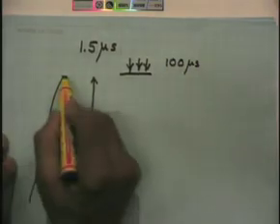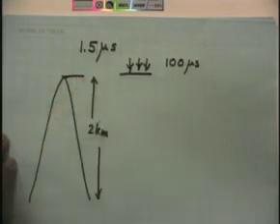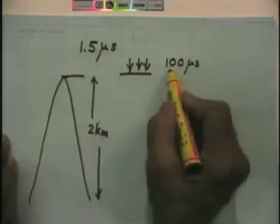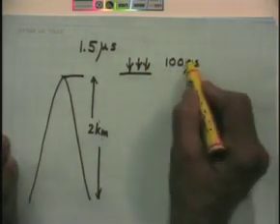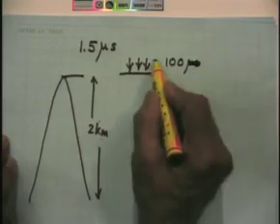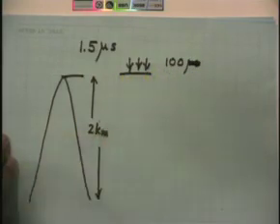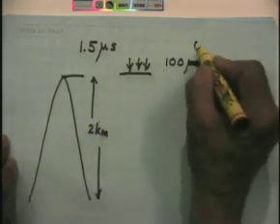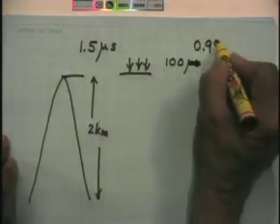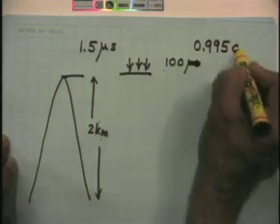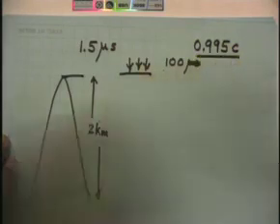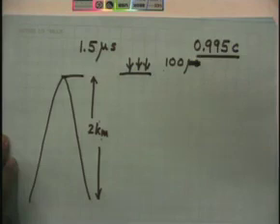There is an observer on the top of the mountain at a height of 2 kilometers, and there are 100 mu-mesons hitting a unit area per second. The mu-mesons are moving with a velocity equal to 0.995 c, very close to that of light.